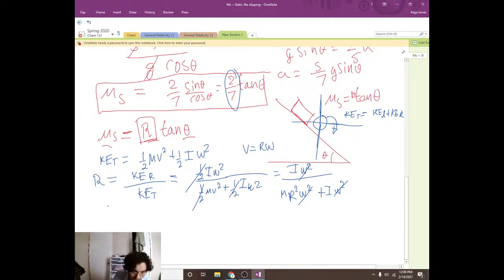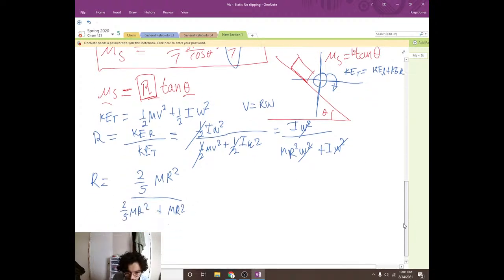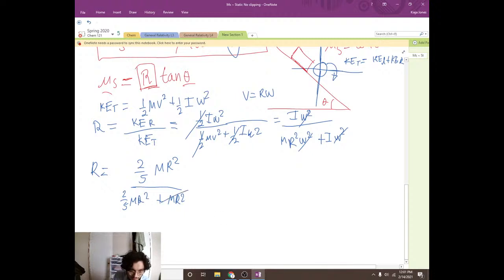So when we substitute our moment of inertia, 2/5 m r squared, divided by I, which is the same thing, 2/5 m r squared plus m r squared. m r squared doesn't matter, it just cancels out in the problem.